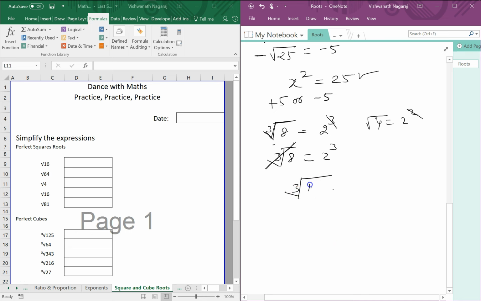Cube root of 125 is what? 5 into 5 into 5. 5 5s are 25, 5 25s are 125. So the answer is 5. Or what you can also do is you can do it step by step. 5 into 5 into 5, right? For every set of 3 5s, you write one 5 without the root symbol.